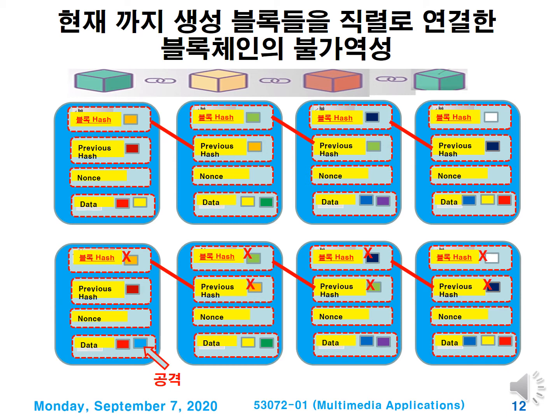Then for the next block, the previous hash value is different from the block hash of the previous block.